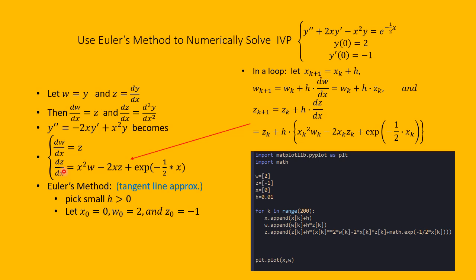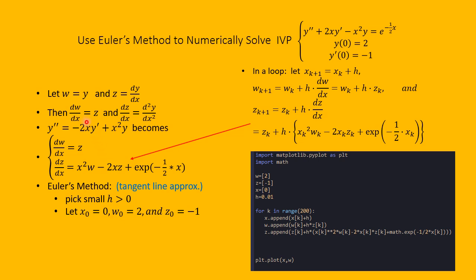And so basically we have a relationship between y and w. We have a relationship between z and the derivative of y also. And we have a relationship between the derivative of z with respect to x and the second derivative of y. So here's what we're going to do. We're going to pick a small h greater than 0, and for the initial conditions that we have up here, I'm going to let x naught equals 0, which is the value of x in these two initial conditions.